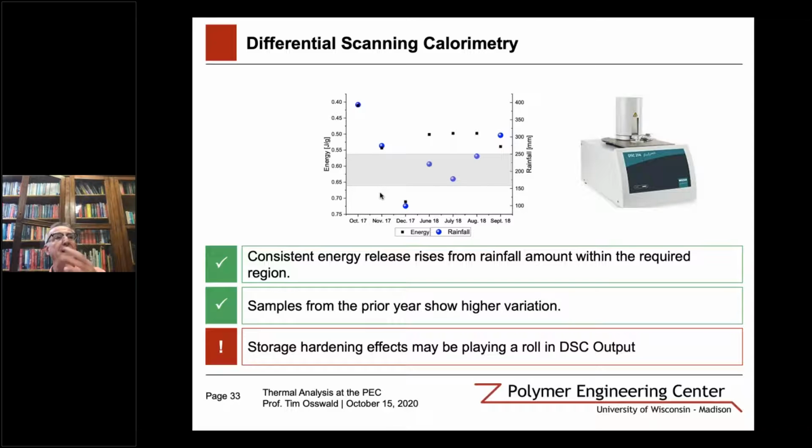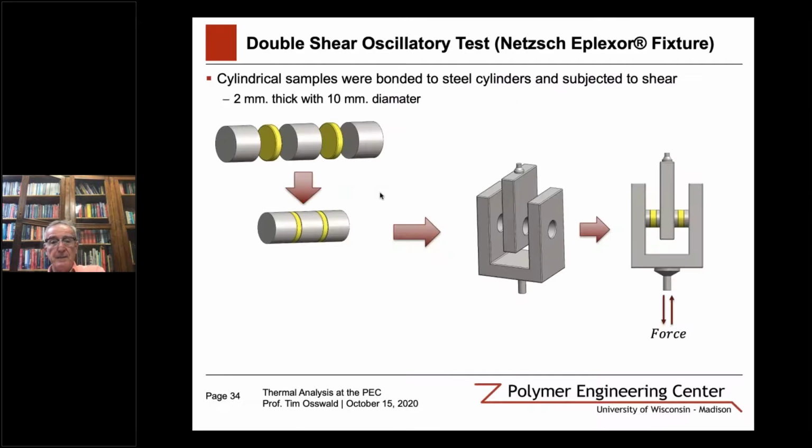If we generate enough data, eventually we can use, for example, machine learning and artificial intelligence to generate different formulations. So at the end, we always have the same formulation, and we always get the same properties, particularly if we're going to make athletic shoes with it.